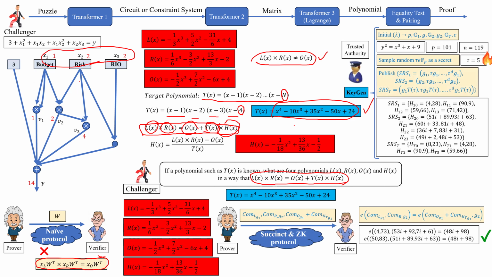Yeah, we needed a trusted authority to generate some SRS values, and then the prover needs to commit to the polynomials and share the commit values with the verifier, and the verifier computes the pairing of the left and right equation. If the pairings are equal, then the verifier is convinced that the prover knows the knowledge.